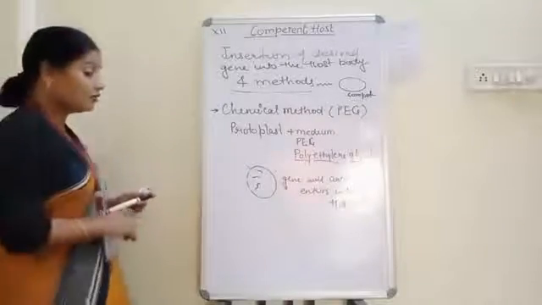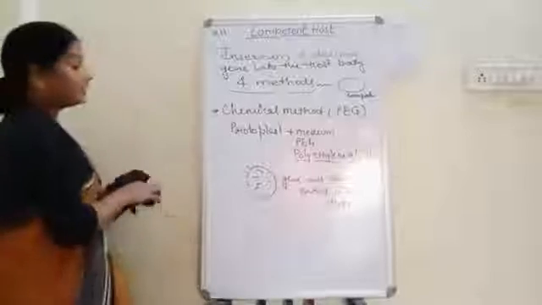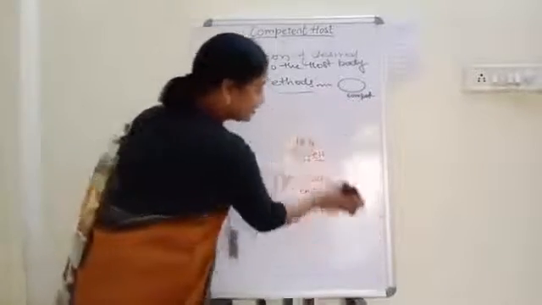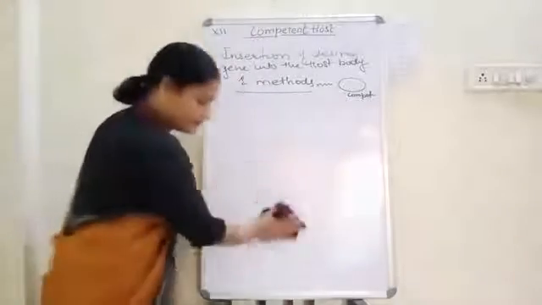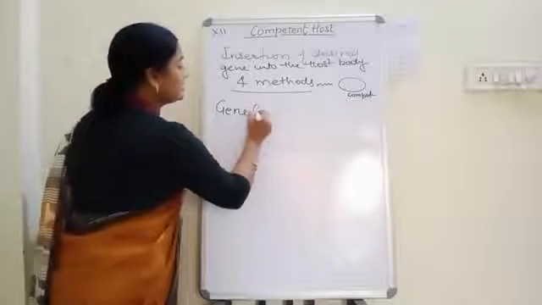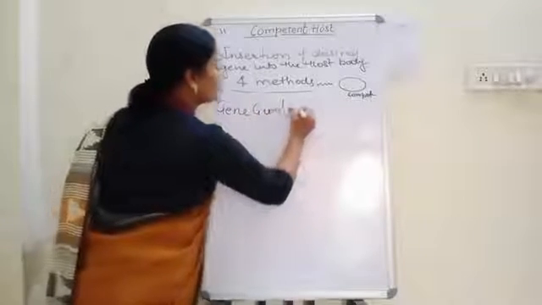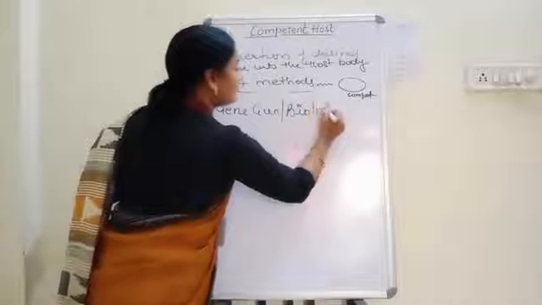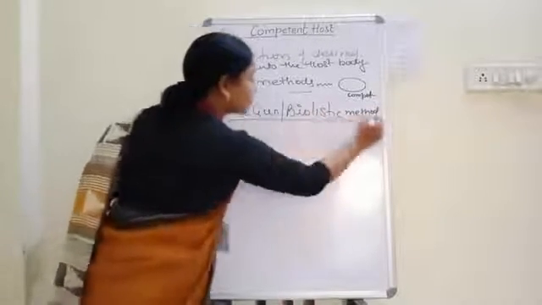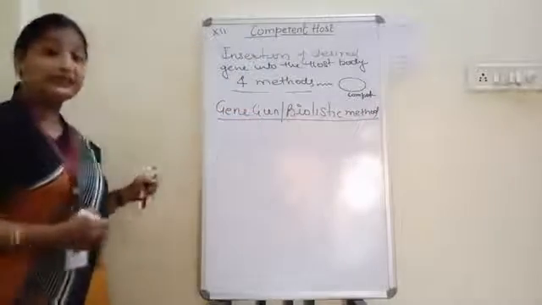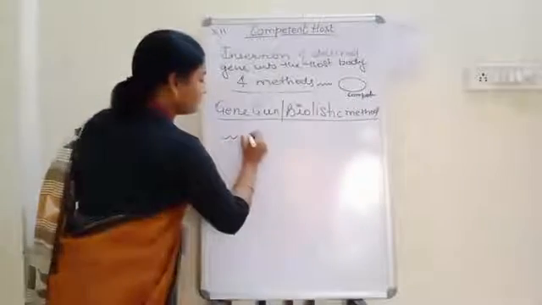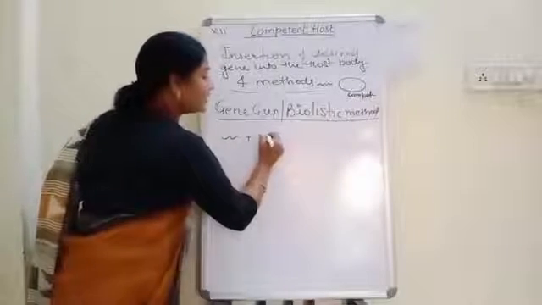Okay. Now see the second method. The second method is called the biolistic method or gene gun method. Okay. Now see, second is gene gun, or it is also called the biolistic method. Now children, what we do in this method, we take our desired DNA plus we take gold.